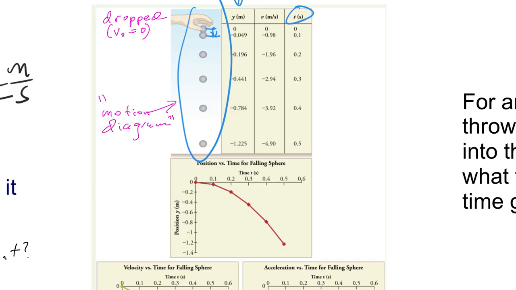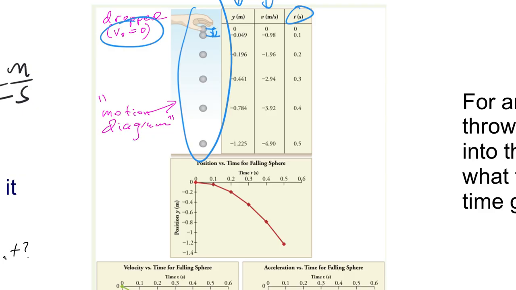Okay, this column is VF. Now VO is going to be 0 because I dropped it. I didn't throw it, I dropped it. So in all these cases, VO is 0.